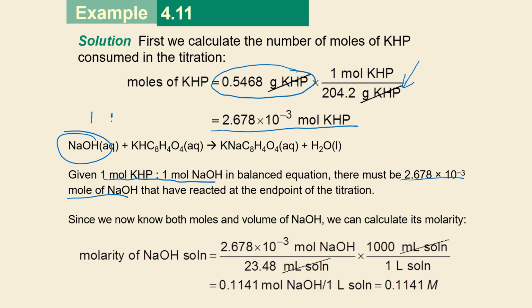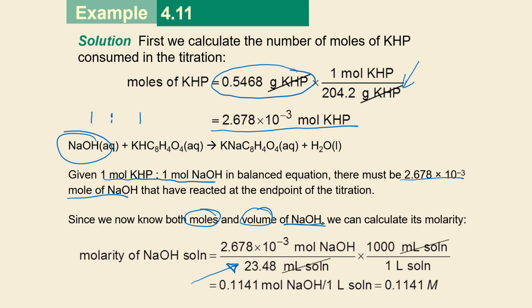Again, 1-to-1 ratio. We know moles of KHP, we know moles of NaOH. And now, since we know both moles and volume of NaOH, how do we know the volume? Because if you go back and look at the original problem, you will see that it was 23.48 milliliters of NaOH solution of unknown concentration.